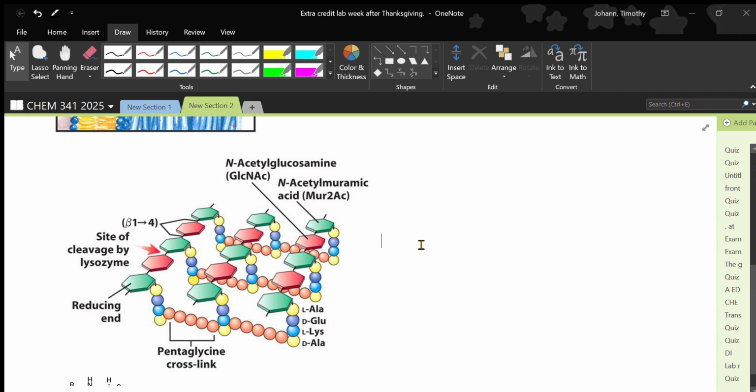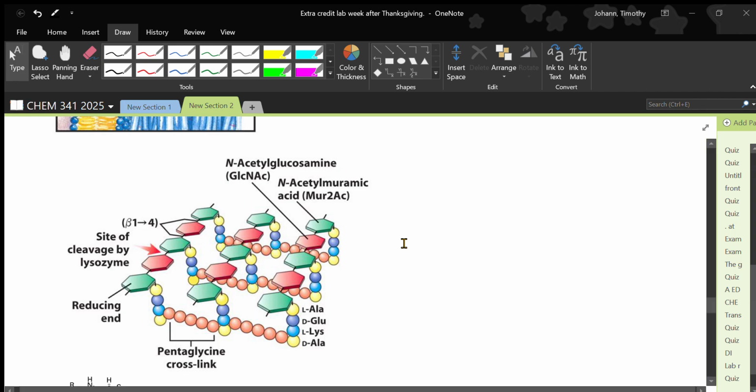Yes. So what happens with the glucose things? I'm just trying to put it in perspective. When the bacteria is making its cell wall, it's constantly remodeling. It's tearing down its cell wall and rebuilding it, because this is a constant process. Whenever it makes more cell wall, it makes these chains, and then an enzyme adds these peptides to hold the chains together.